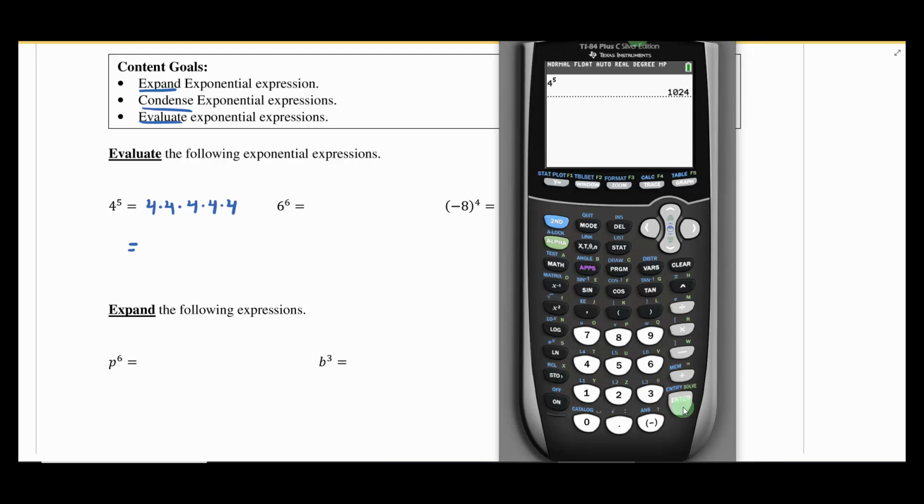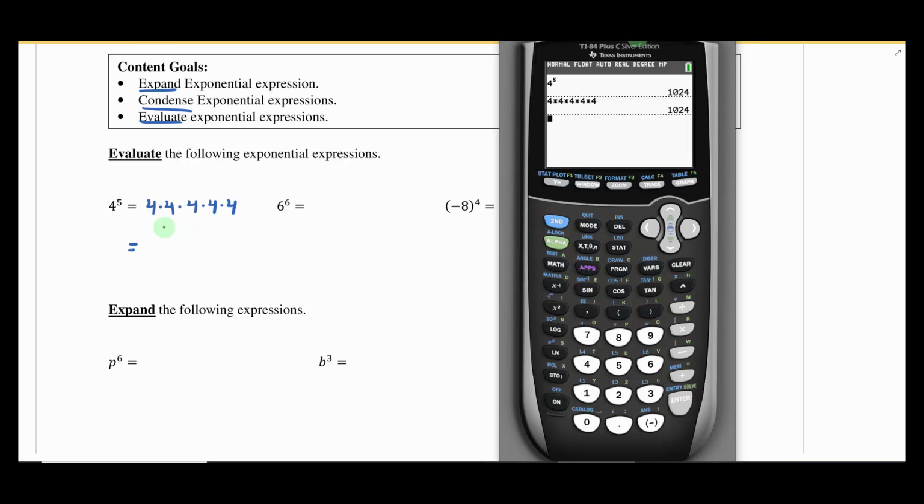So that's one of the main reasons that we love exponents. Okay, so we've got 1024, and I'll show you the other way too: 4 times 4 times 4 times 4 times 4, and then you get the same thing. So you can see the congruence between those two.